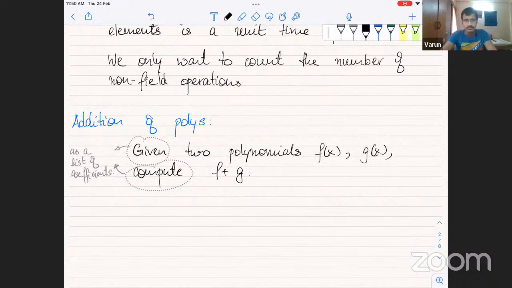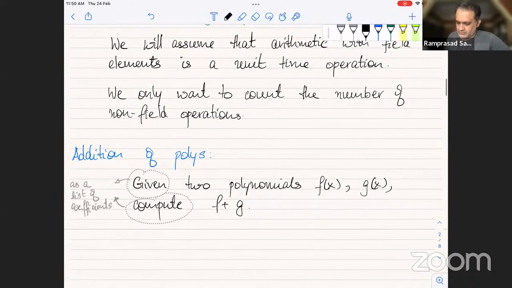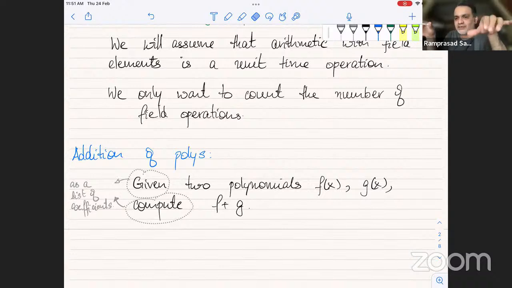Sorry, just a silly thing. You've written that you only want to count the number of non-field operations. Did you mean field operations? Oh, okay. Actually, what I should have said was the number of field operations required to compute one non-field operation.